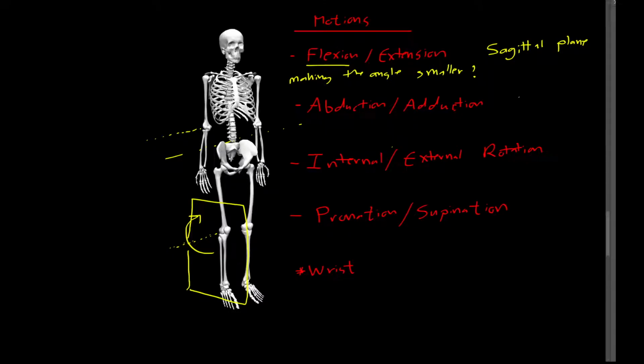How about abduction and adduction? Well, these are going to be rotations in the frontal plane. Quite often we'll talk about this at the hip because the hip is quite able to move in this plane. So let me clear away this. Abduction and adduction. So let's just draw ourselves a little frontal plane here.